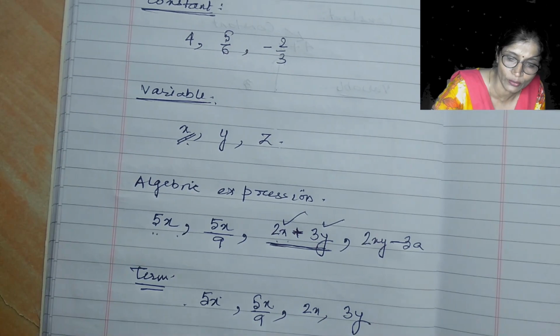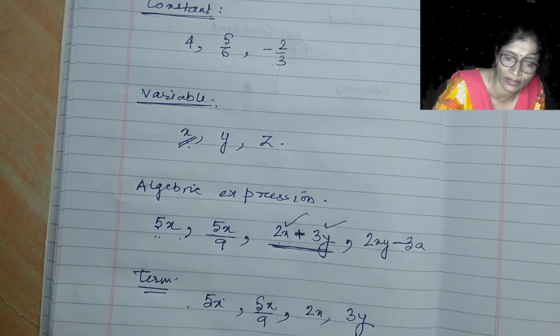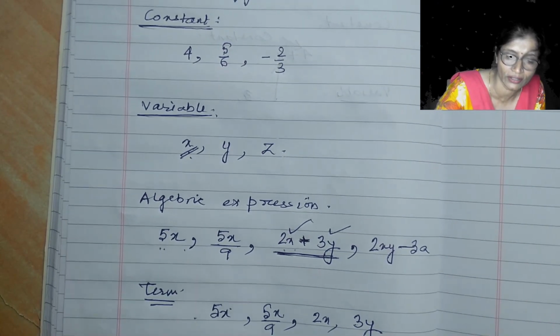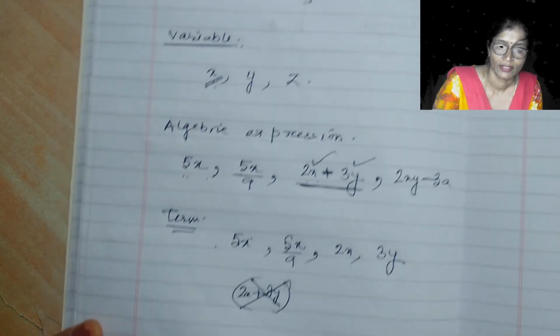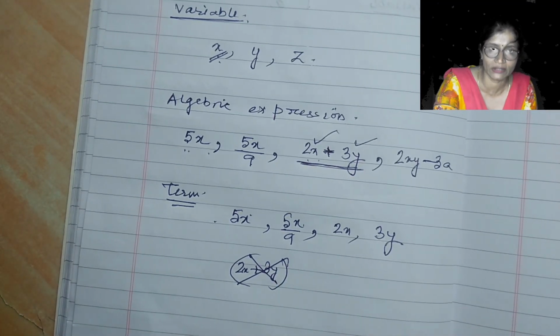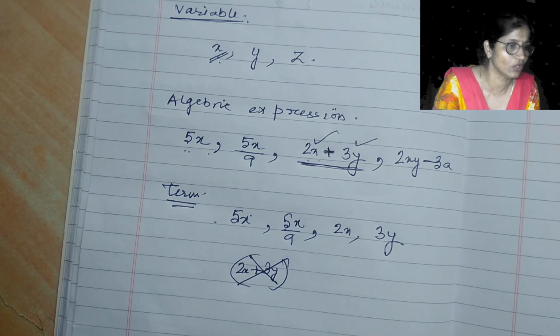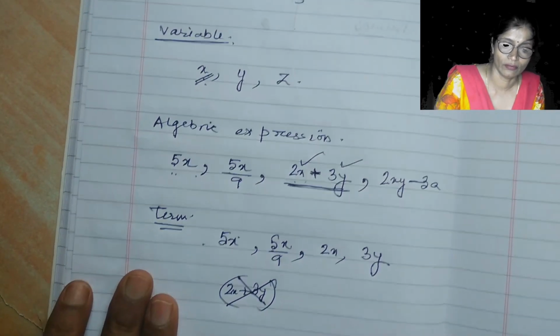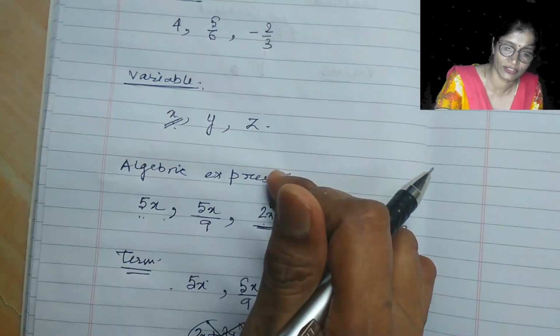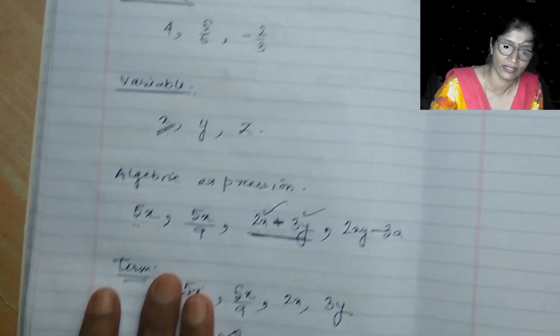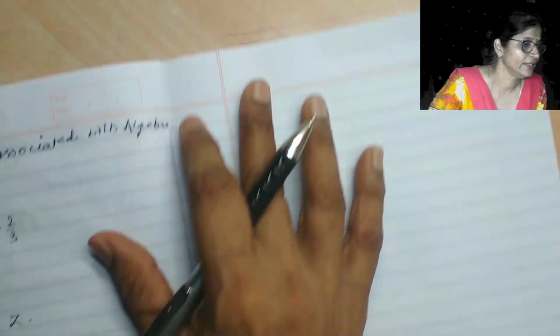But 2x plus 3y together is not a term, it is an expression. In a term, you will never get plus or minus, addition or subtraction. When it is there, that is an expression, and when it is not there, that is the term.